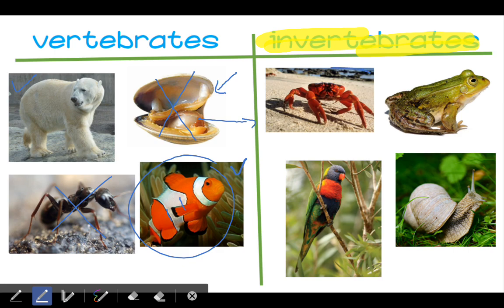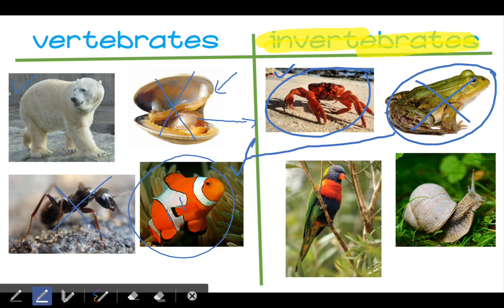Is this crab invertebrate? Yes or no? Yes, so it's correct. It hasn't got a backbone. Is this frog an invertebrate or is it incorrect? It's incorrect. A frog is a vertebrate, so it should go in this part.